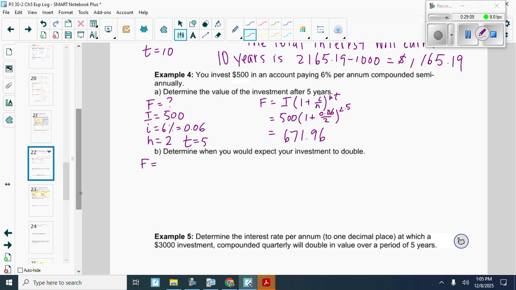Yeah, we're doubling our initial amount, guys. We're doubling the 500, so our final amount is going to be 1,000. So you have to be able to take a look at your word problem and translate it.